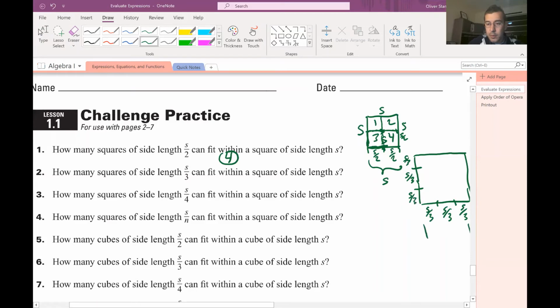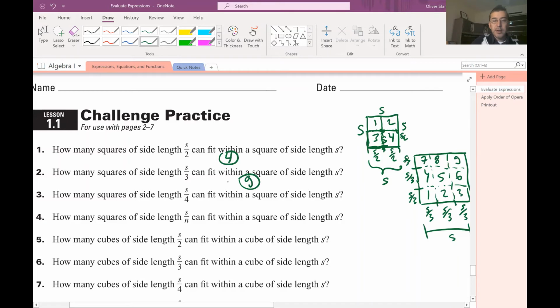This whole thing is s, right? So you can see that we have 1, 2, 3, 4, 5, 6, 7, 8, 9. So the answer is 9.